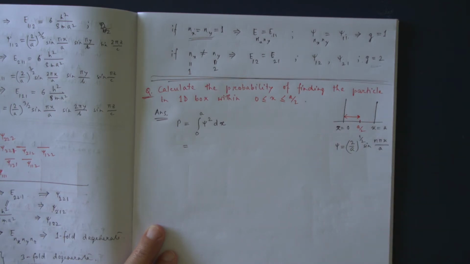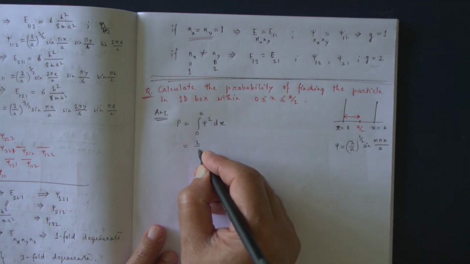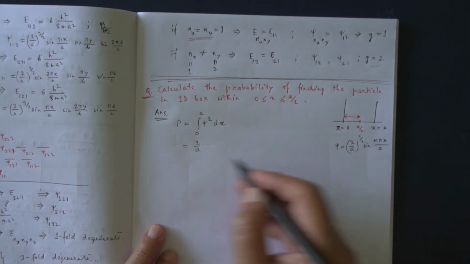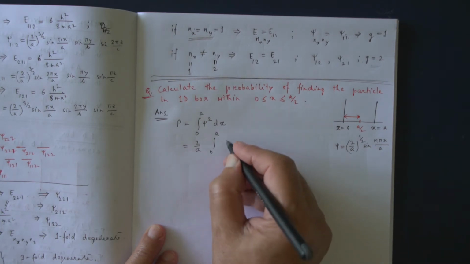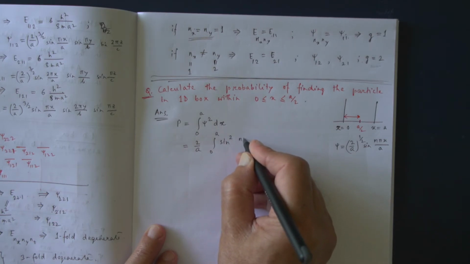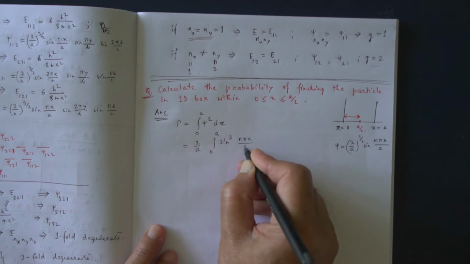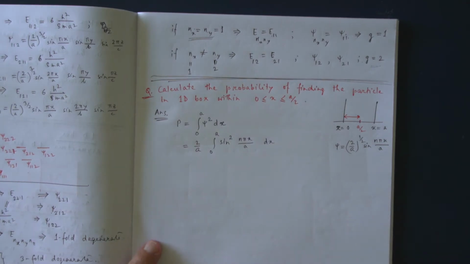This constant we can take out, and the square will be 2 by a, then integral from 0 to a of sine square n pi x by a dx.